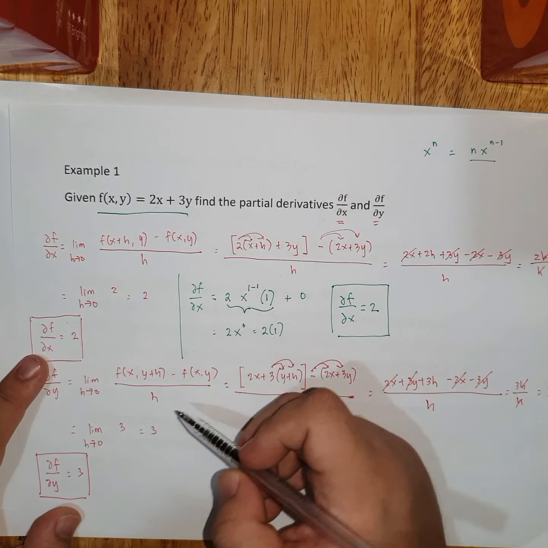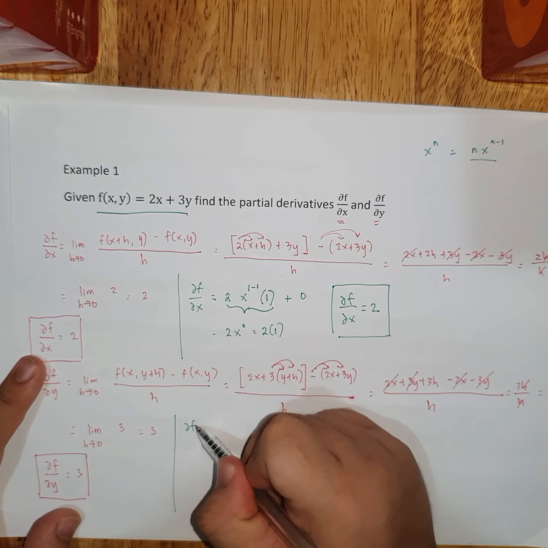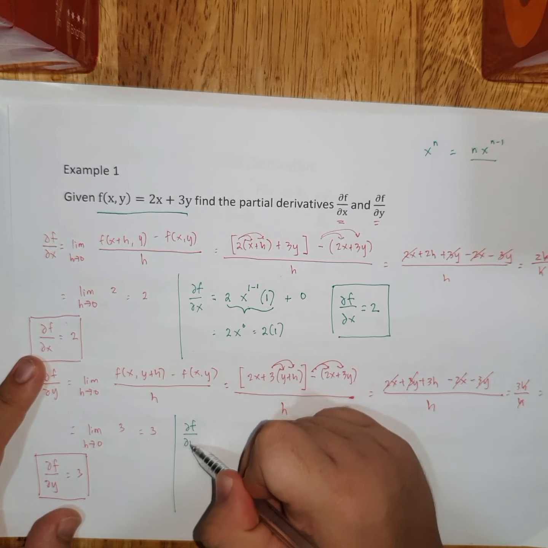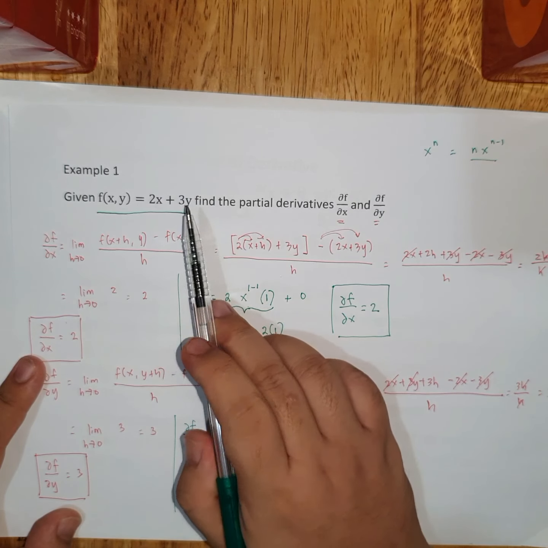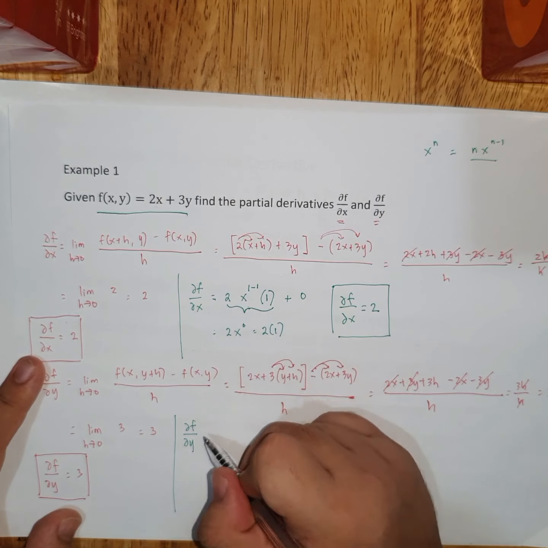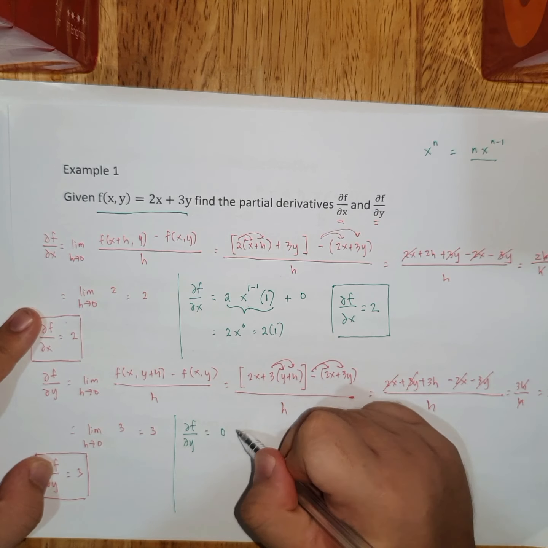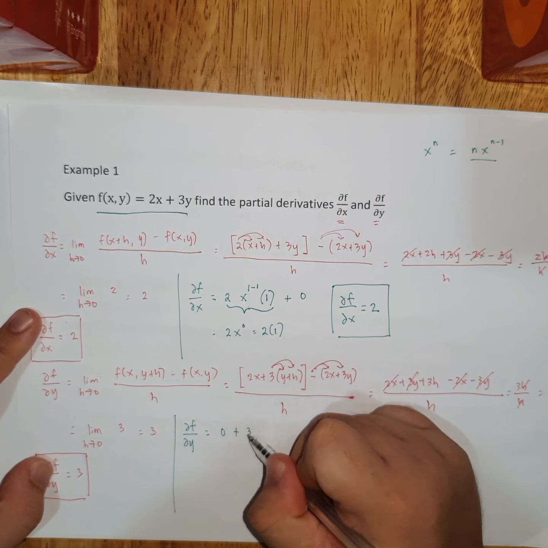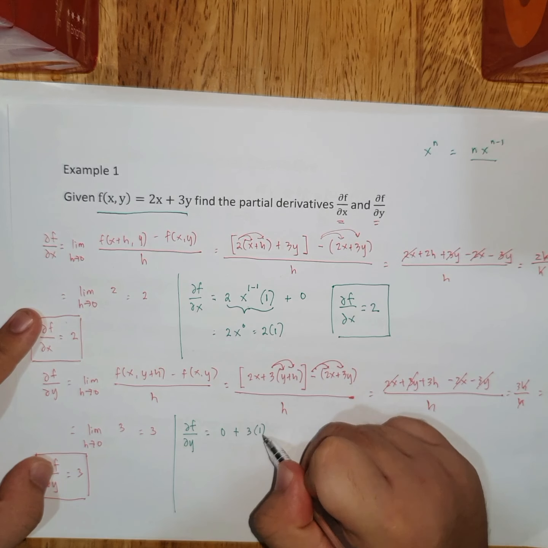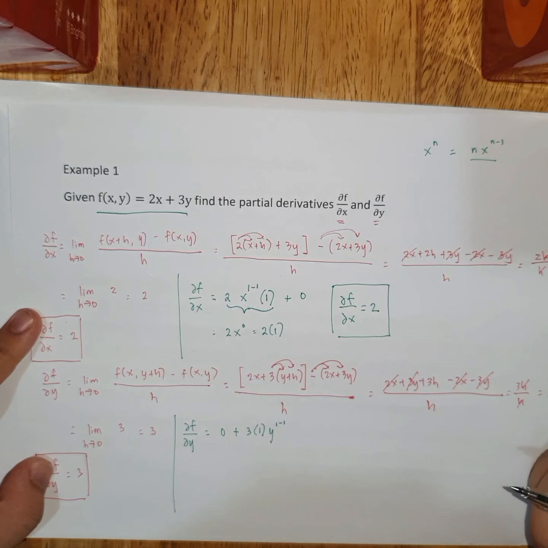Okay. So again, try natin do sa y naman. So partial derivative of the function with respect to y naman. So considering yung y naman yung particular variable natin, then si x will be constant. So kung constant si x in first term, this will be 0 plus 3 times 1, ito yung exponent ni y, y raised to 1 minus 1.